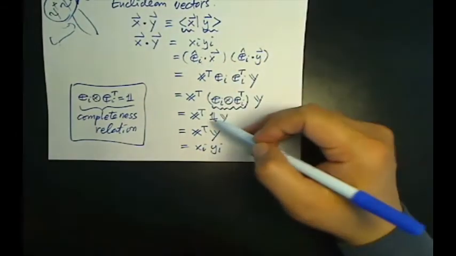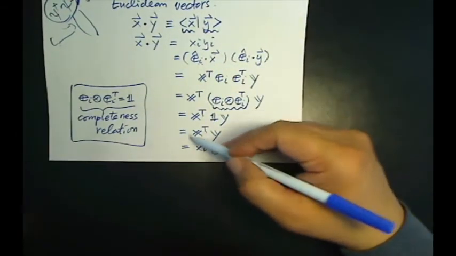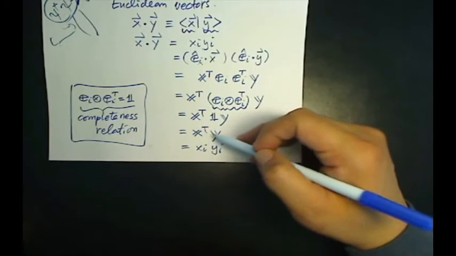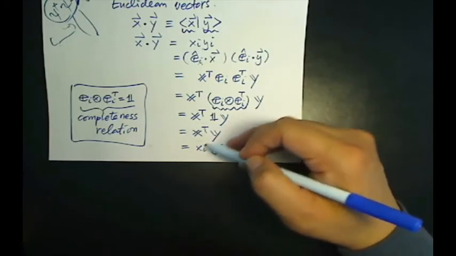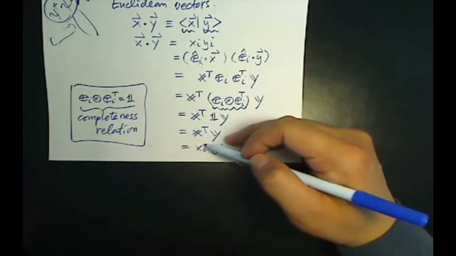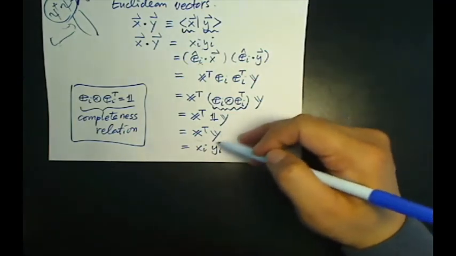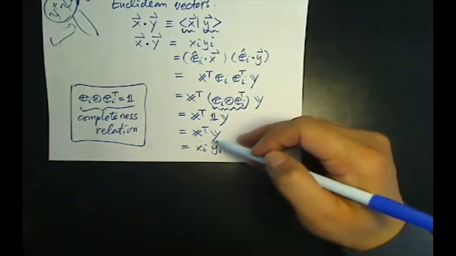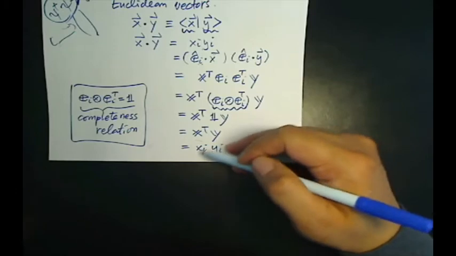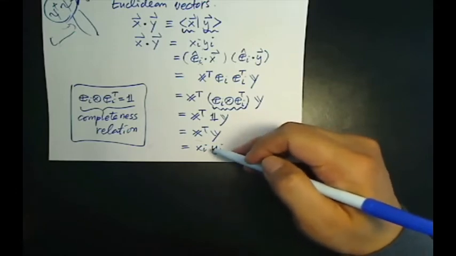This identity matrix shows that this can be expressed as the transpose of vector x and column vector y. This calculation should be the same as the scalar product between x and y.